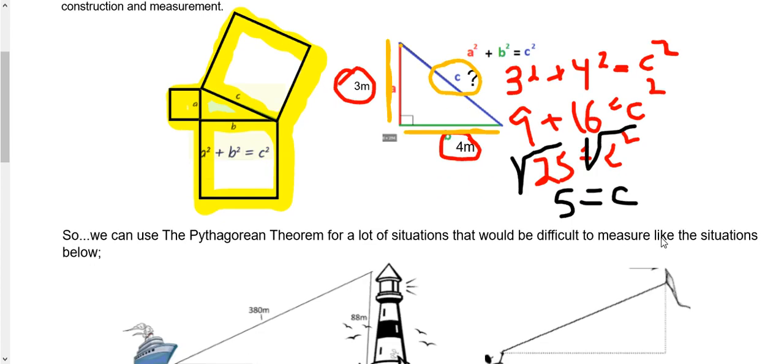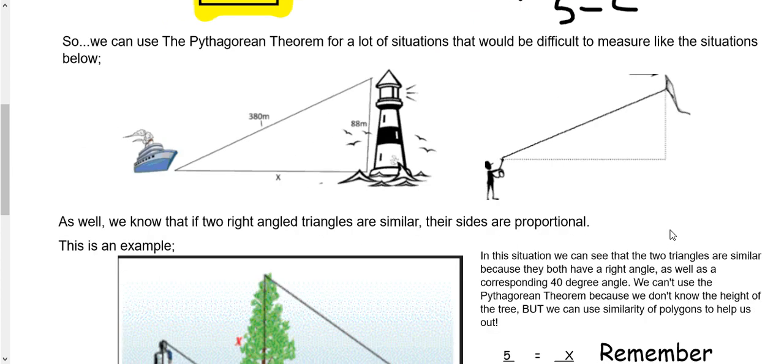So we can use the Pythagorean theorem for a lot of different situations. Like, for example, here's some real nasty rocks around a lighthouse. Here comes the boat. How far away is it? Pythagorean theorem, because it's a right angle triangle. And here's this fella, he's out doing self-isolation during these COVID times.